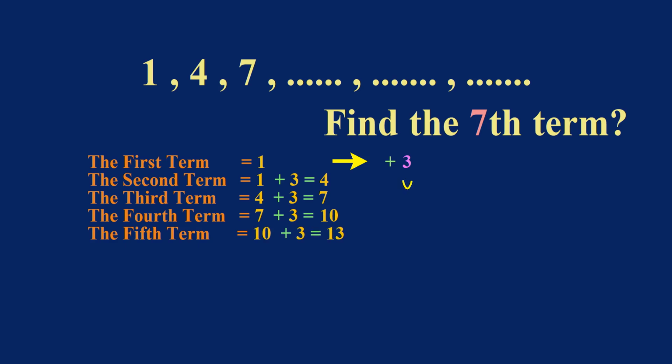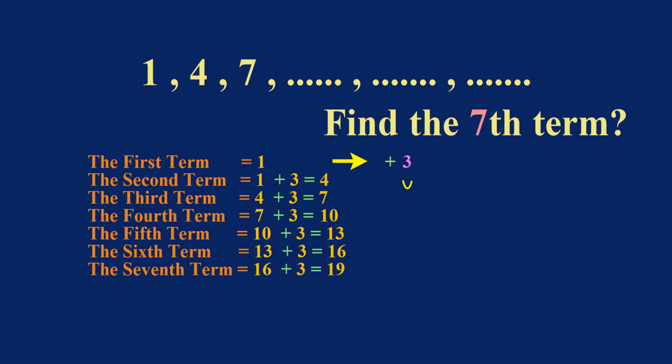By the same method, we can get the sixth term, which equals 13 plus 3, which equals 16. And the seventh term is equal to 16 plus 3, which equals 19. And in our problem, the required term is the seventh term, which equals 19. And this was the manual method solution for this problem.